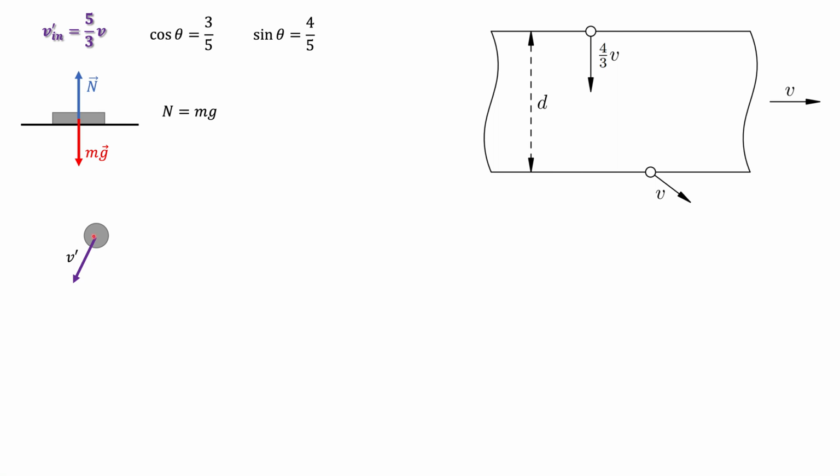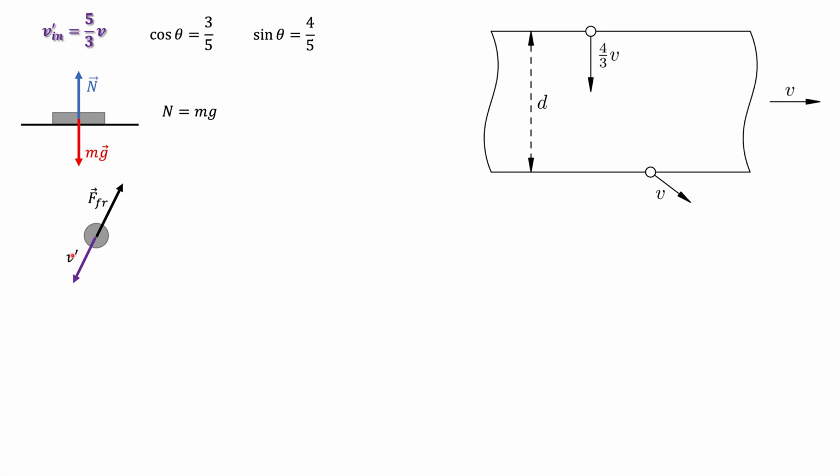What about horizontal motion? We have a coin here, and this coin is moving with some velocity v prime. We put a prime here because we're considering velocity with respect to the paper. And what we know here is there's only one force in the horizontal direction, and that's a friction force. The friction force is acting in the direction opposite to the velocity.